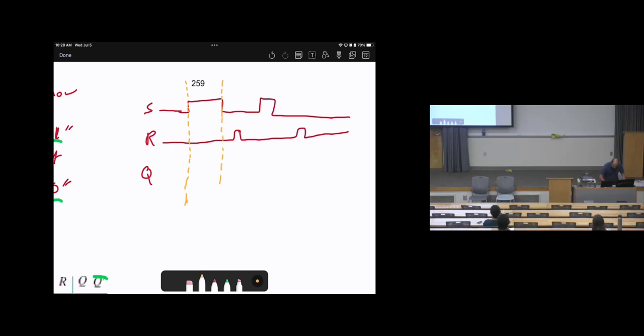There is another change here, change here, change here, change here, change here, and change here.